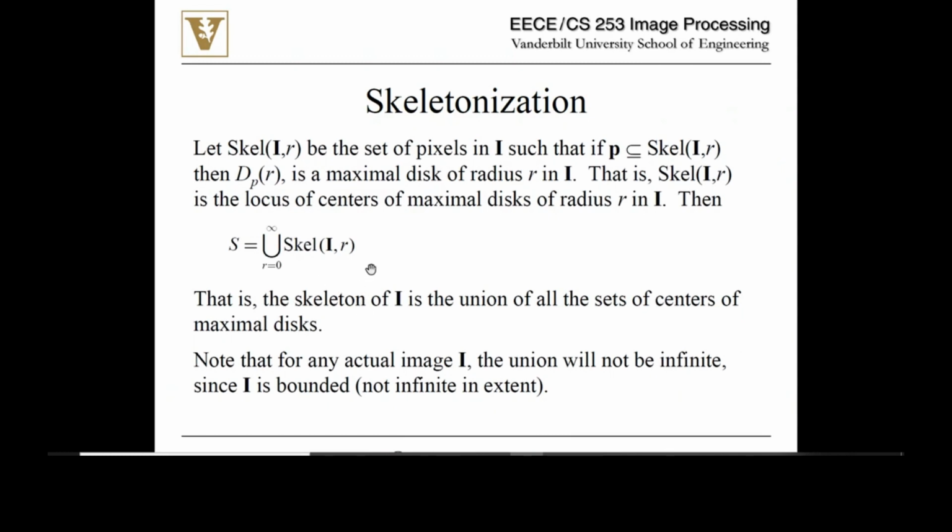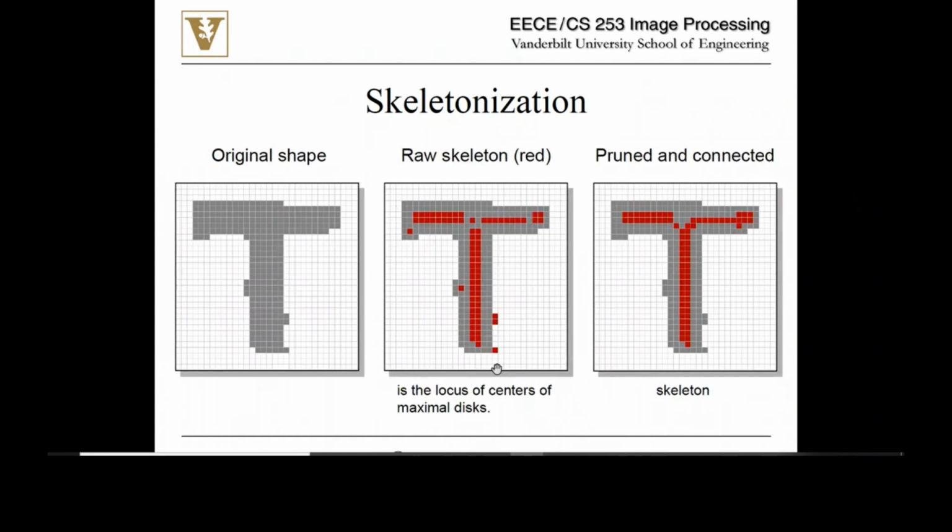And there is something inconvenient with these skeletons, that there are disconnected pixels. So there are pixels that are isolated. So let's try to get rid of those. And there are holes too. So there are some disconnected components. Now we know what a connected component is. So it is made of disconnected components. So let's try to have a single connected component and get rid of the small things.